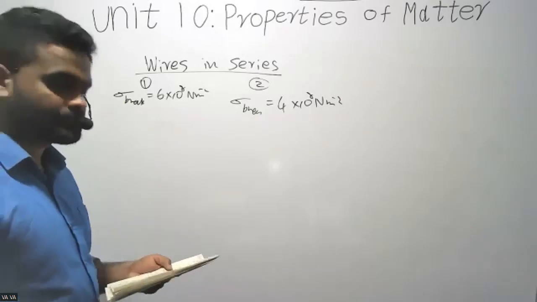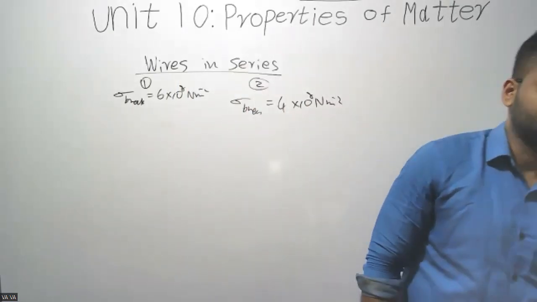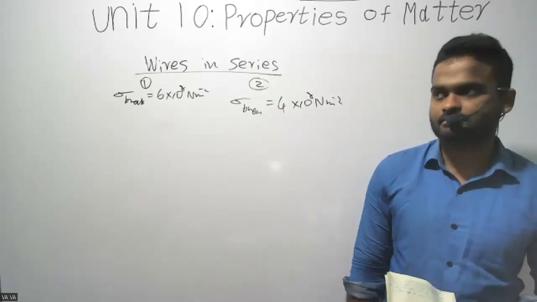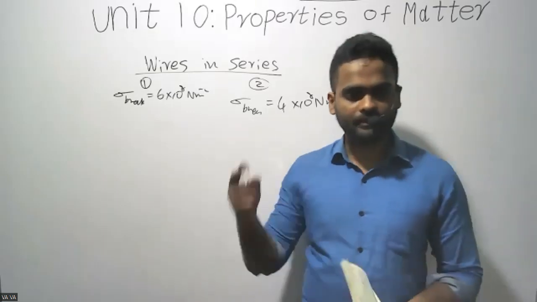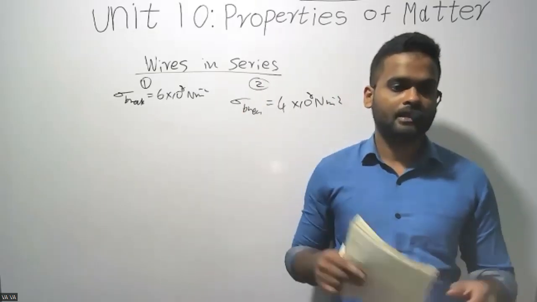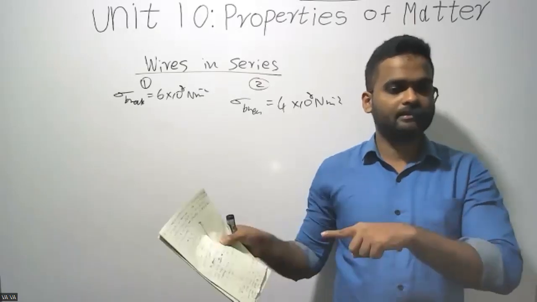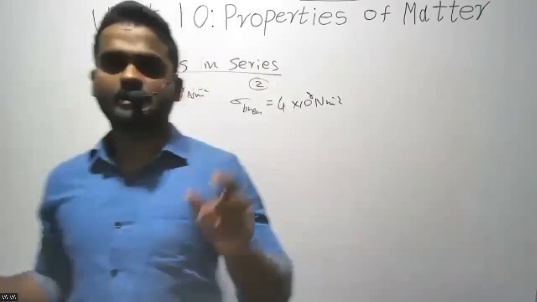Right? So if you notice in the question, they haven't given length of wires. Don't we need the length? We don't need the length. If you remember the previous theory part, the break-in of wires only depends on the material the wire is made of and the cross-sectional area of the wire.